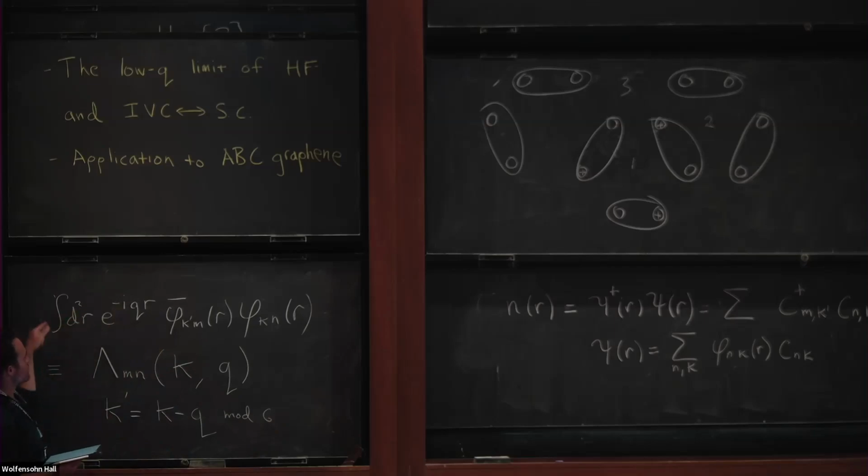So when you compute this matrix element, there are two ways of thinking about it. You can think of it as depending on k and k prime, but actually k prime is forced to be equal to k minus q modulo G. The k and k prime live in your little Brillouin zone. So this matrix element I can think of as a function of the two band indices, the momentum of the state you start with, and the momentum transfer q, with k prime determined through this. And this thing is called the form factor.